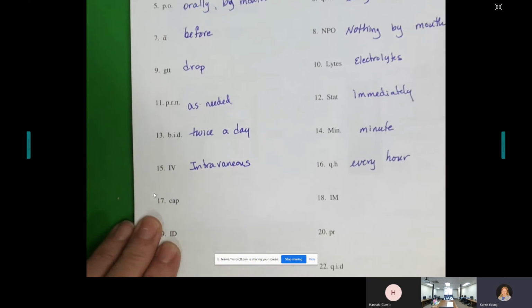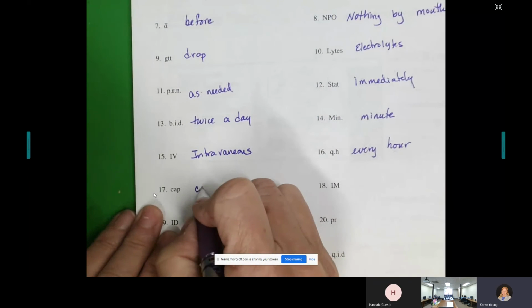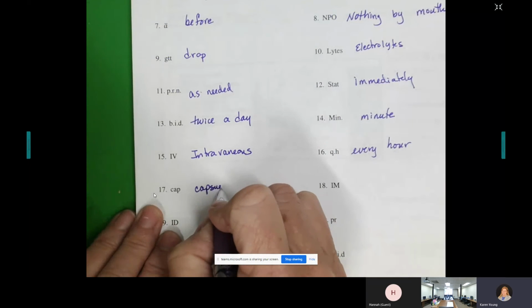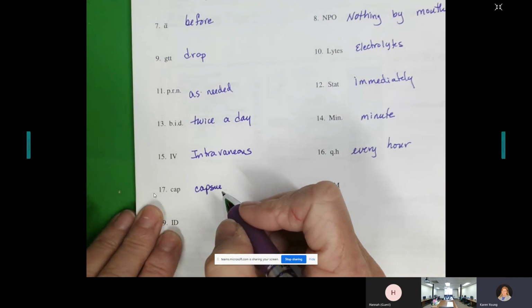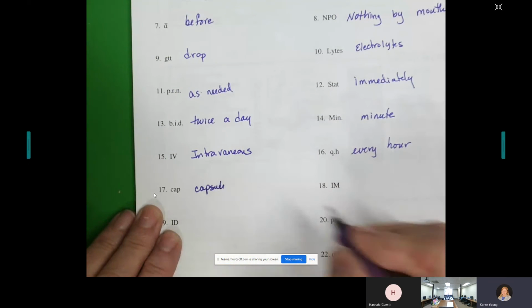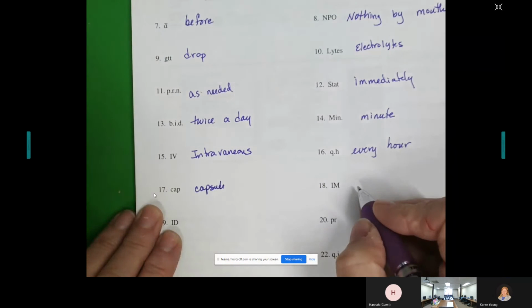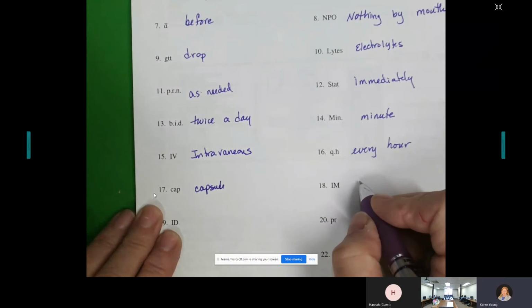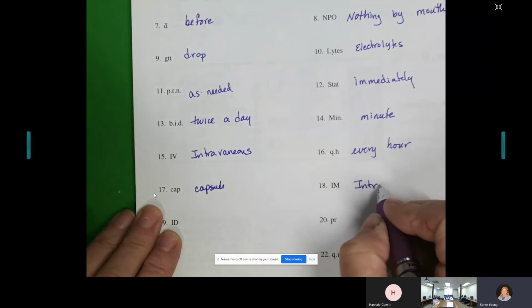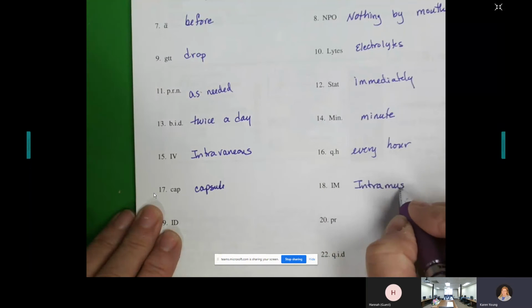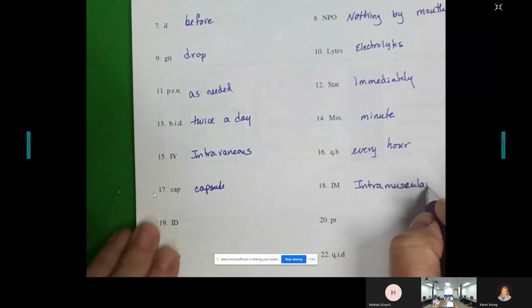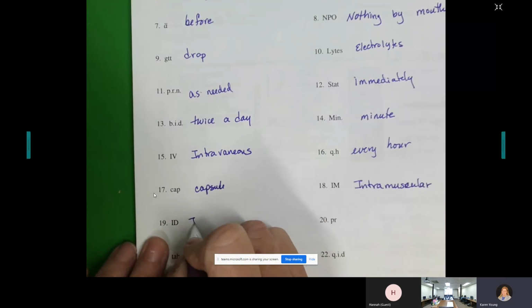What about CAP? Capsule. And I can't spell capsule. CAPSULE. What about IM? Intramuscular. ID is intradermal.